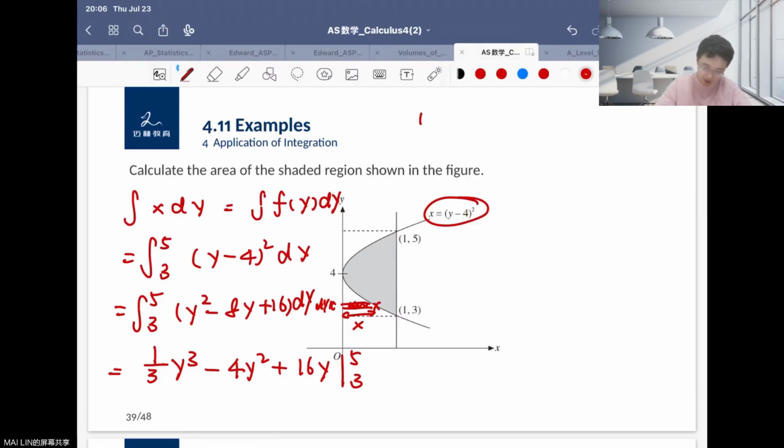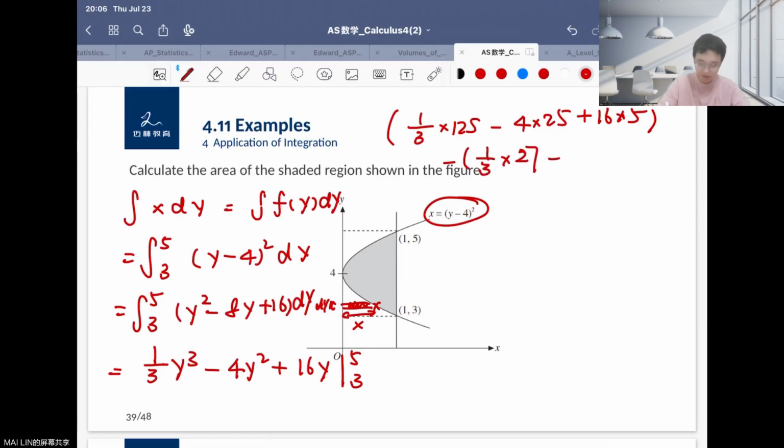So calculate it: one third times 125, minus 4 times 5 squared, which is 25, plus 16 times 5, that is x when y equals 5. Then minus the value when y equals 3: one third times 3 cubed is 27, minus 4 times 3 squared, which is 9, plus 16 times 3.